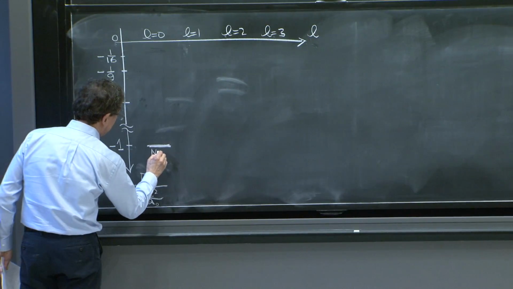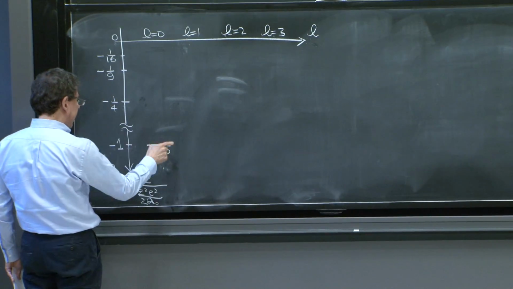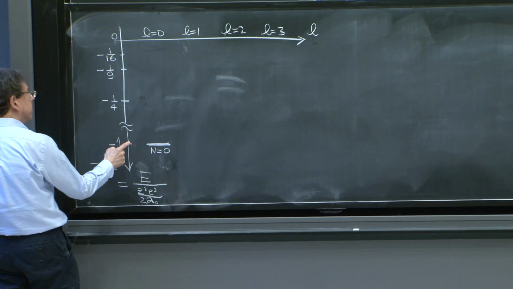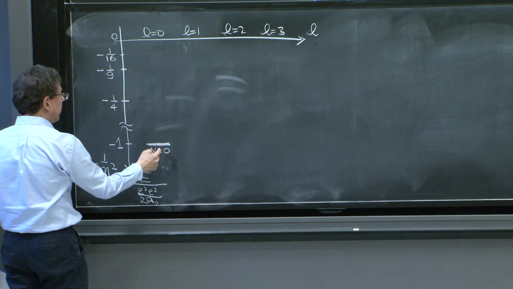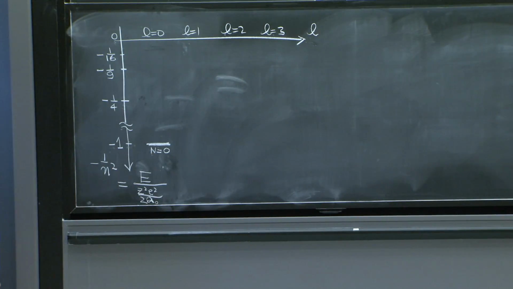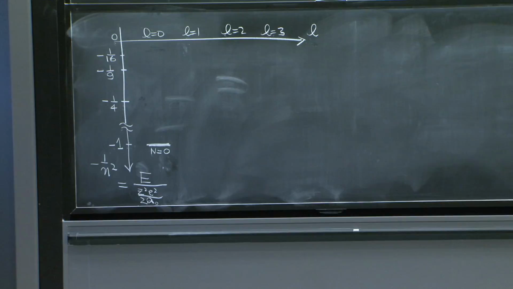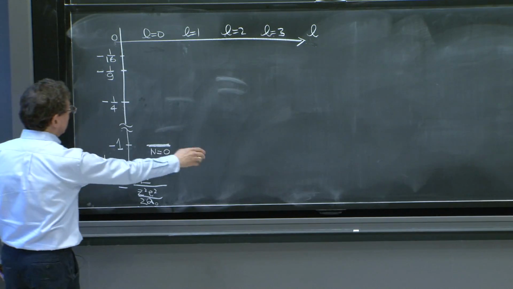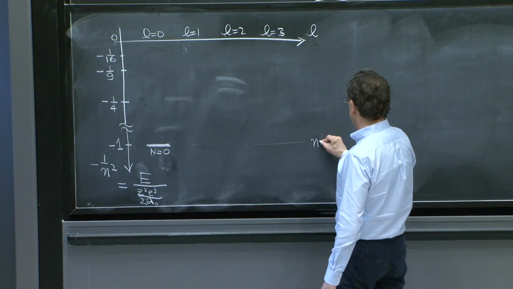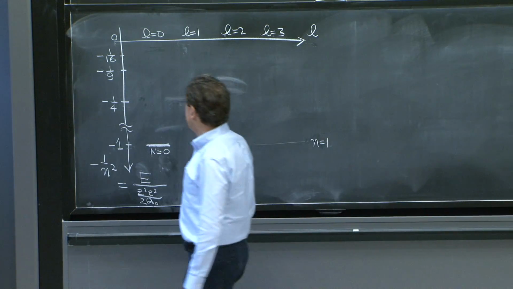The only thing that I cannot read immediately: I know that n is equal to 1 because I'm here. I know that L is equal to 0 because I'm here. But I put the extra information, the capital N equal to 0 here. And that's it for this level. So this is the little n equals 1 level.